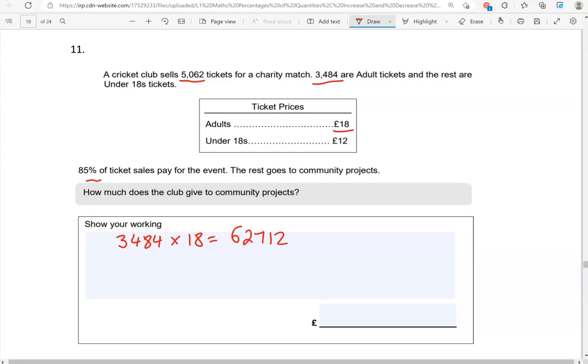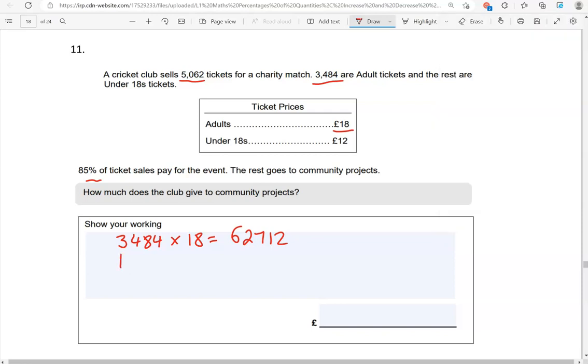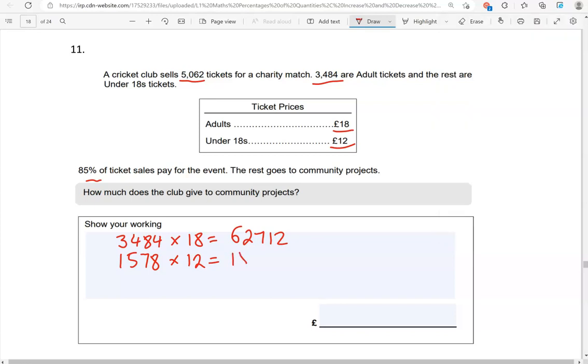Children tickets, we don't know how many exactly, but we can work out by doing 5,062 take away 3,484, which is 1,578. Multiply that by 12, gives us 18,936.